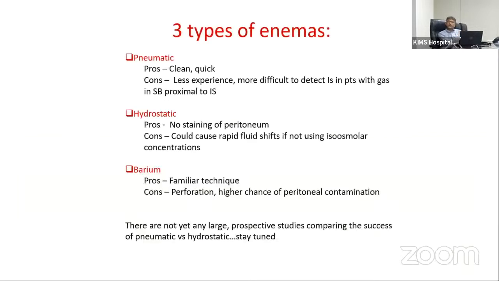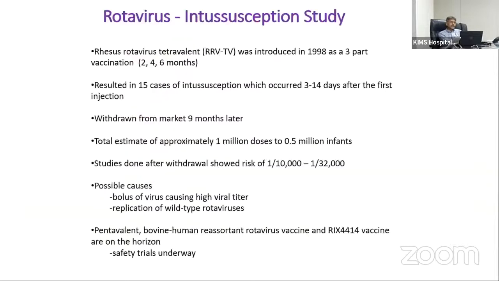We discussed the various types of hydrostatic reductions that we do. I also attended a rotavirus intussusception study. In that study, the tetravalent vaccine was the one which led to intussusceptions. Whatever it is, viral load or vaccination can lead to intussusception.